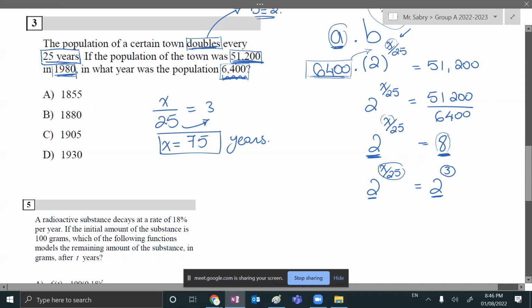So if it reached 51,200 in the year 1980, go backwards 75 years. So subtract 1980 minus 75 years. That would get me to the year 1905, which is C.